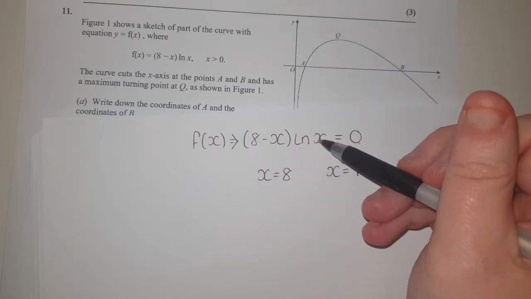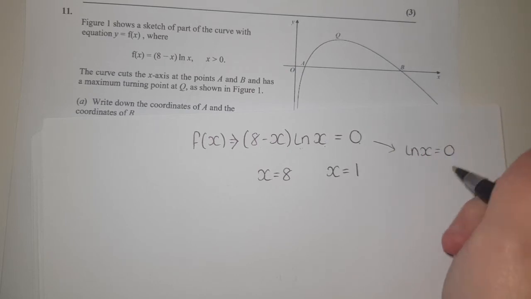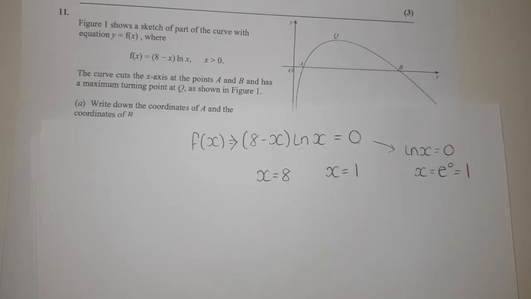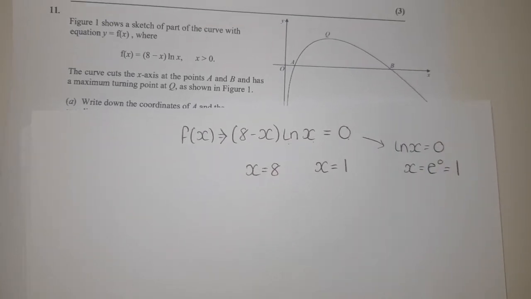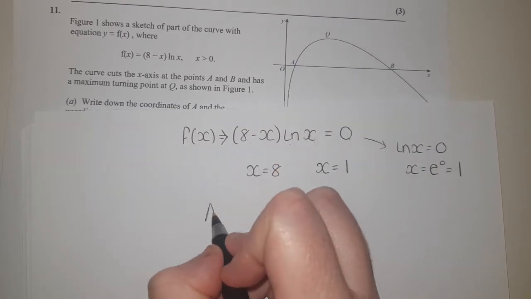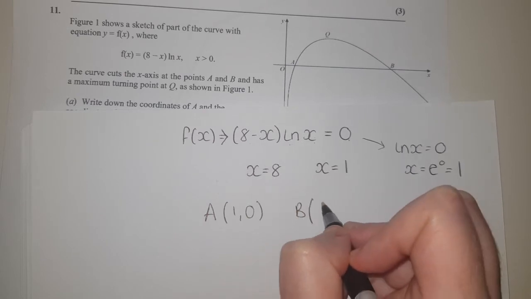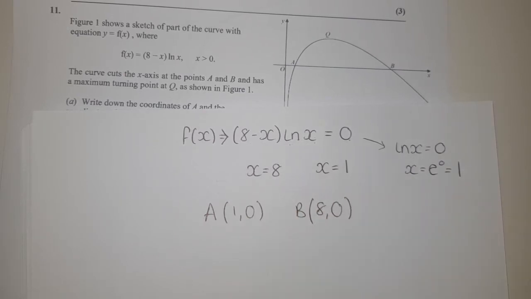If you weren't sure about that, if you've got ln x equals 0, take e of both sides, you get x equals e to the 0, which is 1. That means that my coordinate A is obviously the first one, so the coordinate of A is (1, 0), the coordinate of B is (8, 0).